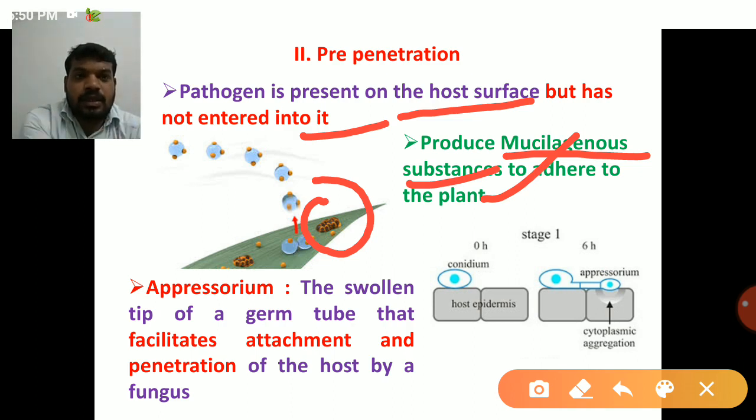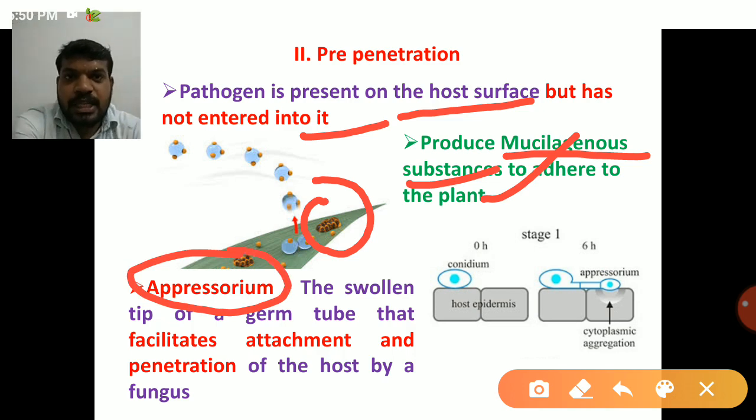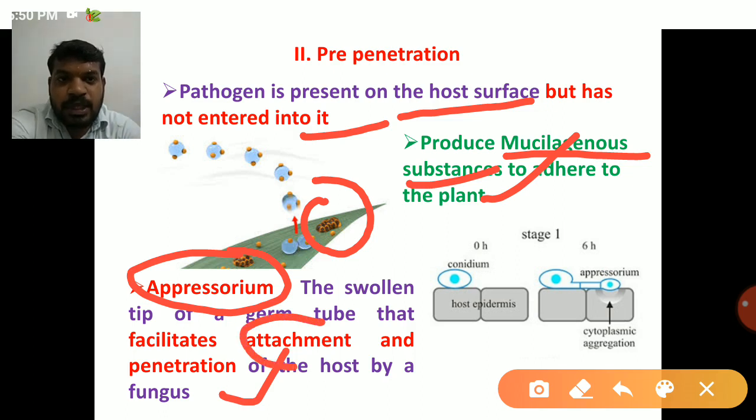So next, in stage 1, it will produce the appressorium. An appressorium is a specialized structure produced by fungi to attach or adhere to plants. This is also called an anchoring organ. So it will anchor the plant. It is the swollen tip of the germ tube that facilitates attachment and penetration of the host by the fungus, mainly for attachment to the plant.